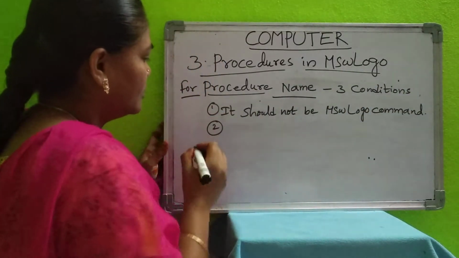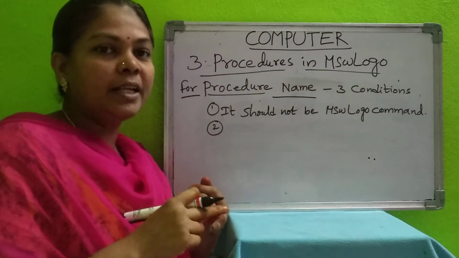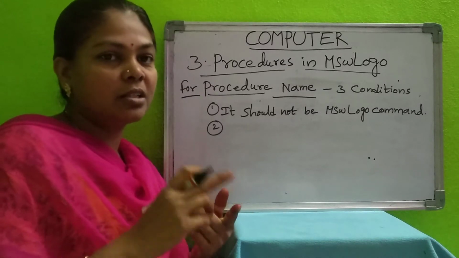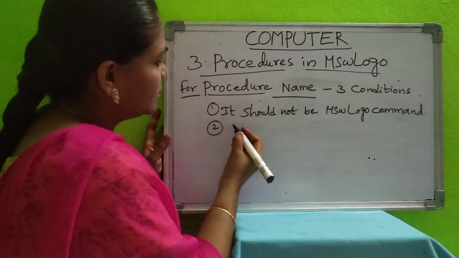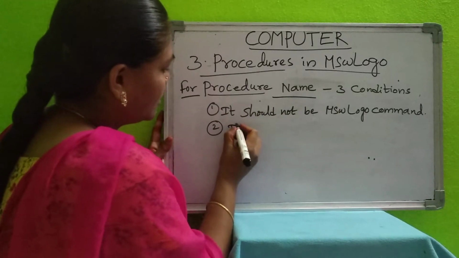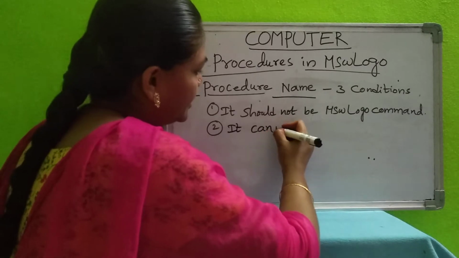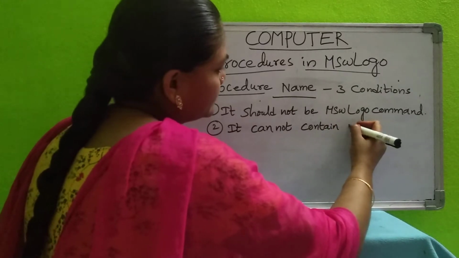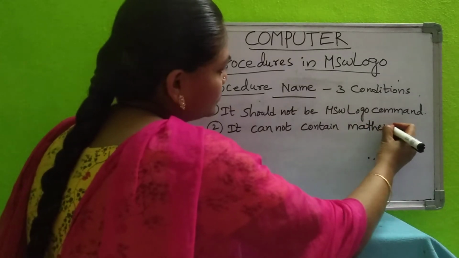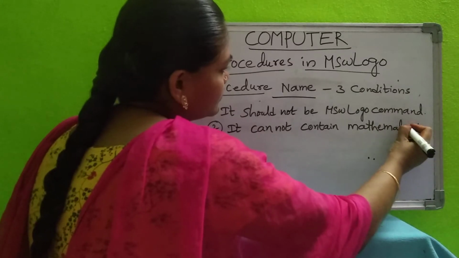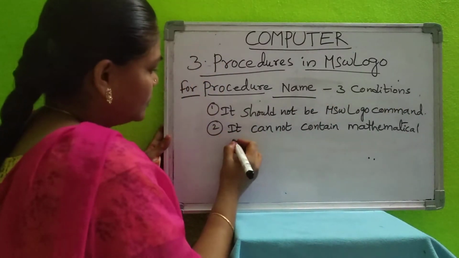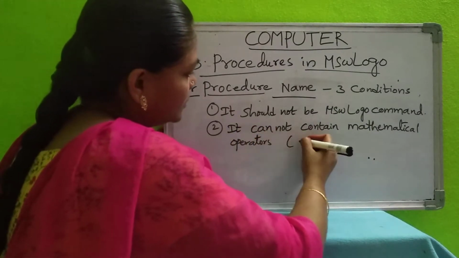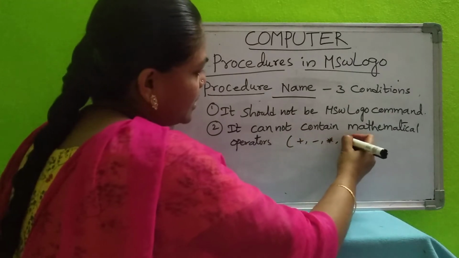Next one, it cannot contain any arithmetic operations. What are the arithmetic operators? Plus, minus, star, slash, like those. That you should not give. It cannot contain mathematical operators, like plus, minus, star, slash.